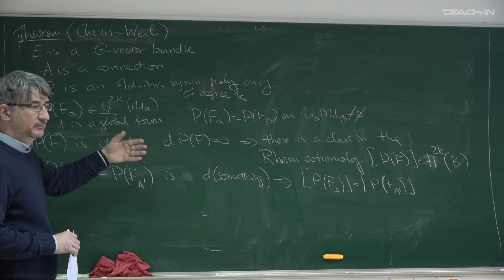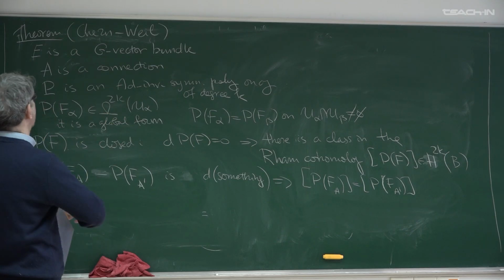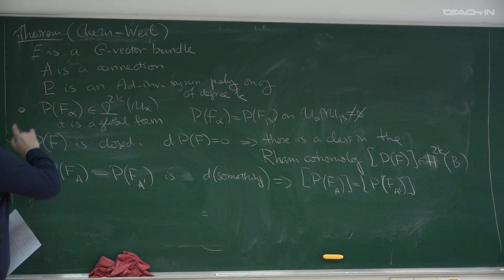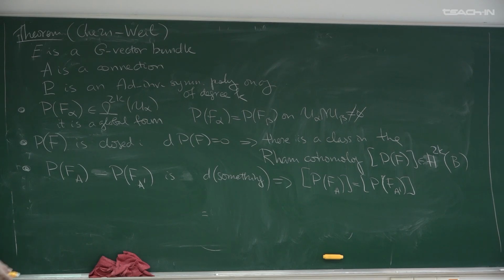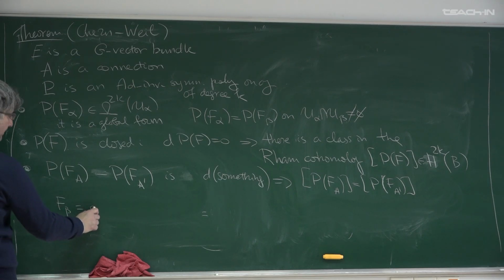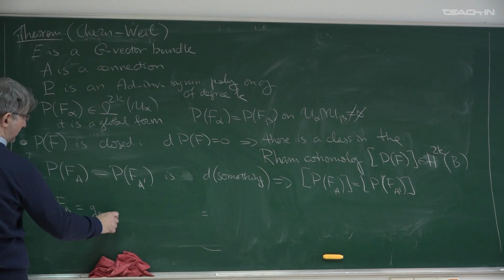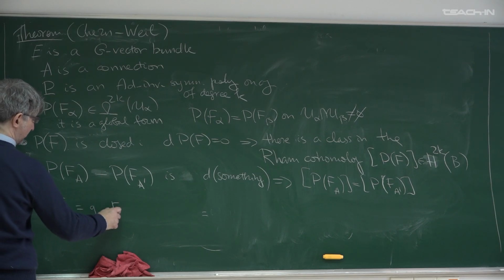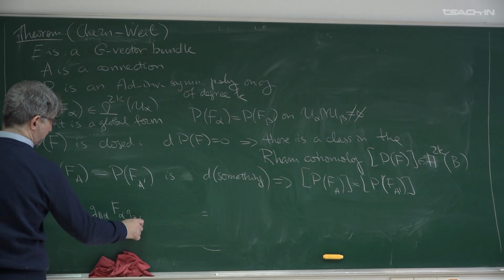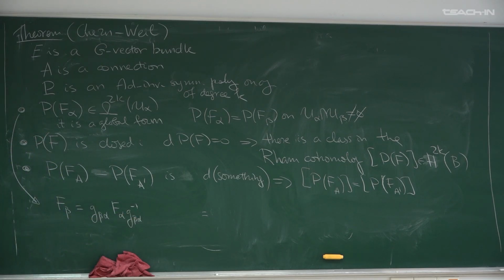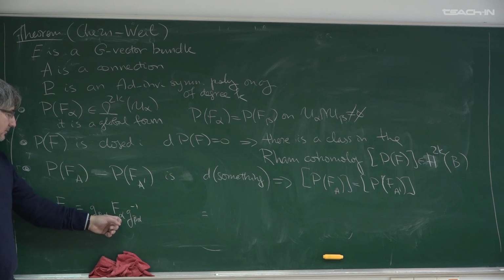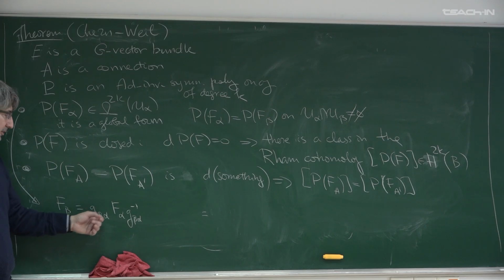Okay, let's continue and prove it. How to check that this is a global form? The proof for this thing is very simple, because look here, F beta in some other chart is calculated by this formula. It's just Ad of this.